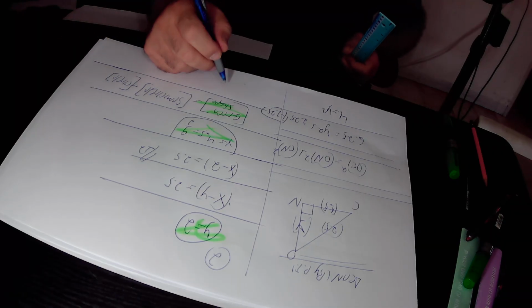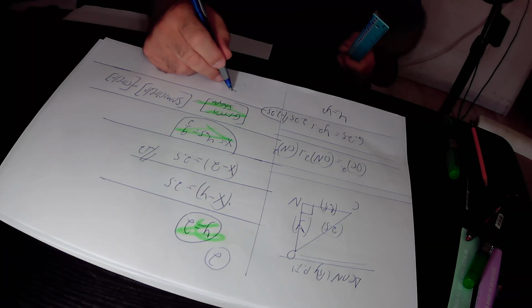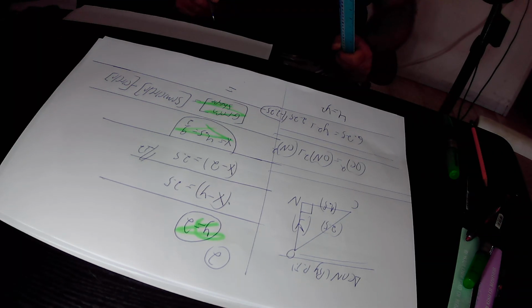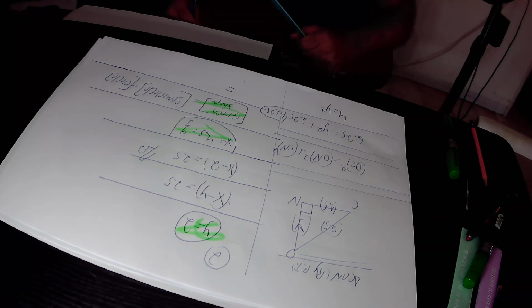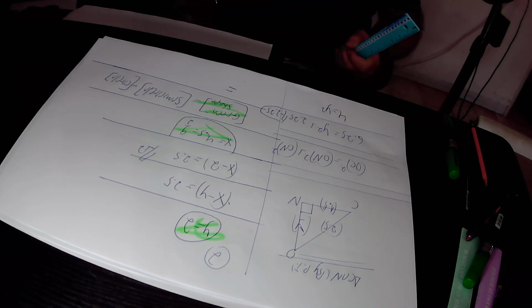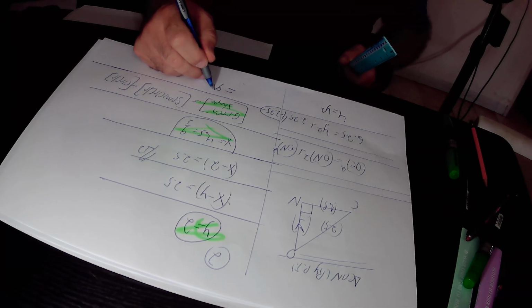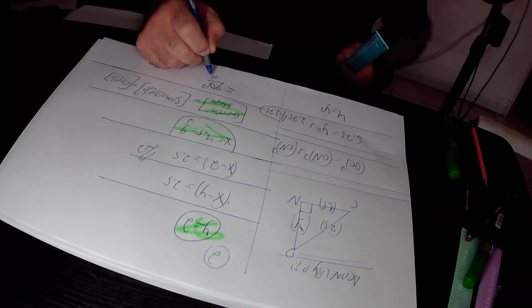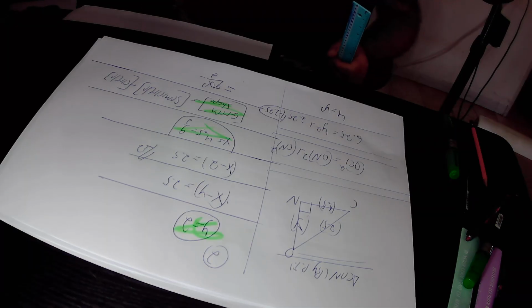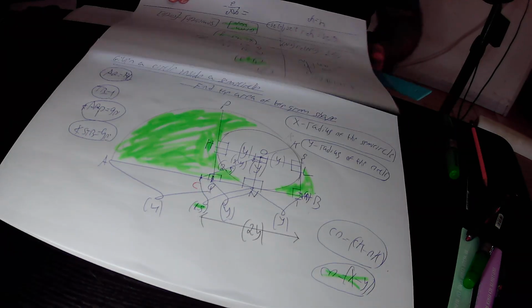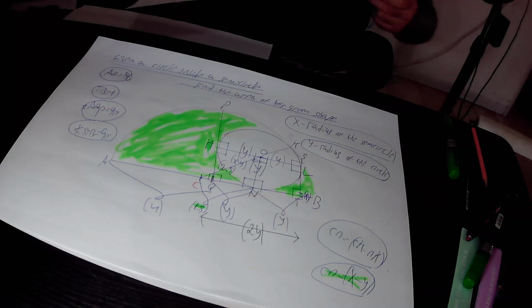The radius of the semicircle is x. Therefore, the area of the semicircle must be equal to pi x squared over 2. This is the area of the circle over 2. Minus the area of the circle. The radius of the circle is y, that is 2.